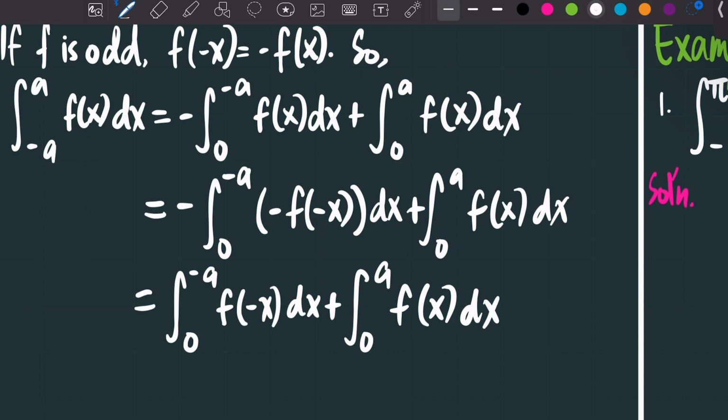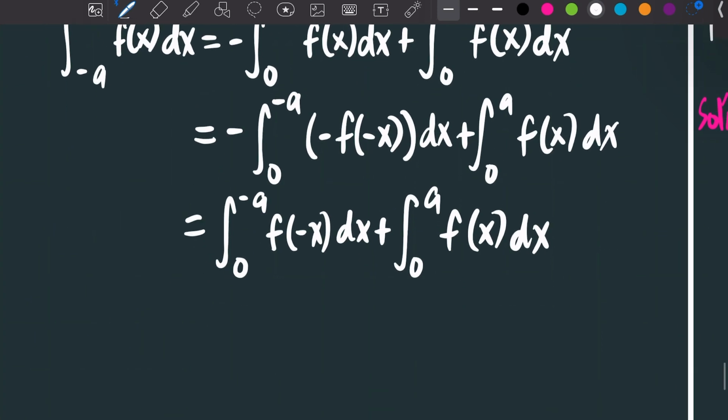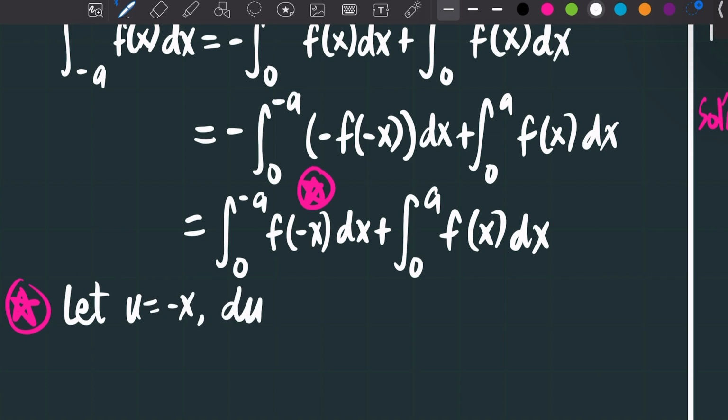Then same dun sa ginawa natin kanina, we do a u substitution. In particular, dito sa part na to, if we let u to be equal to negative x, we get du to be equal to negative dx. Or alternatively, negative du equals dx.